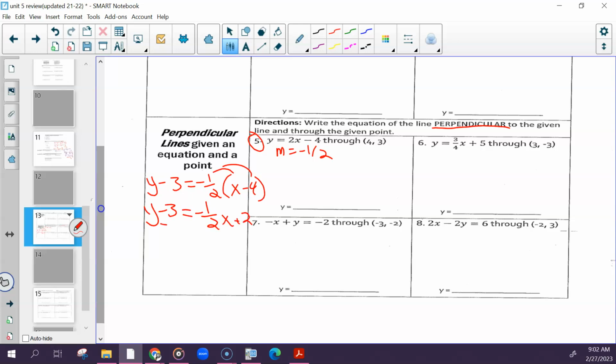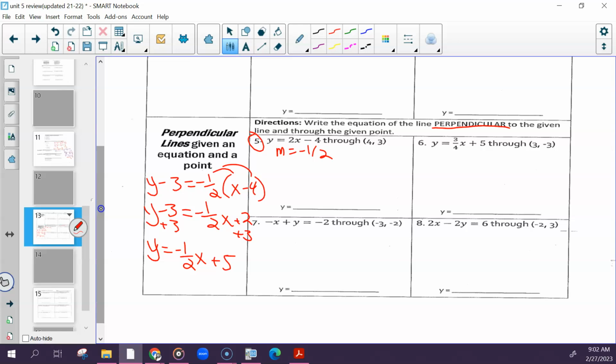And add 3 to both sides. Okay, so that would be the equation that goes on this line. Other questions on this page?